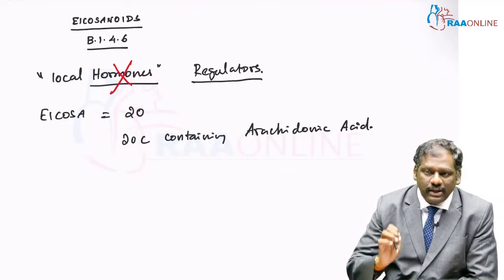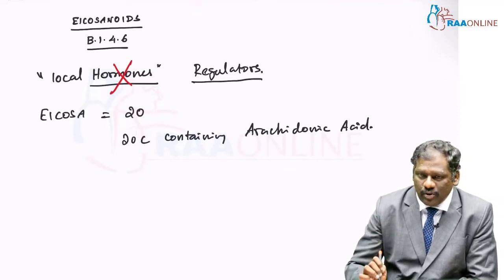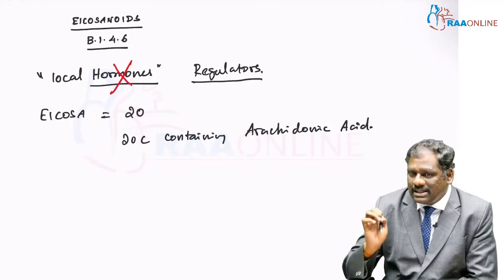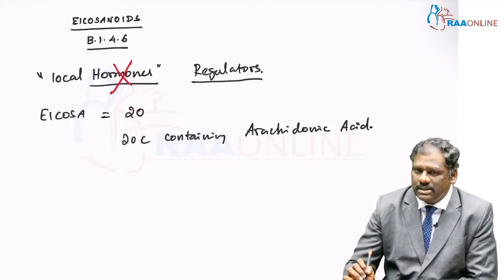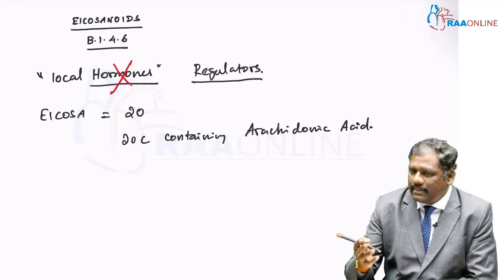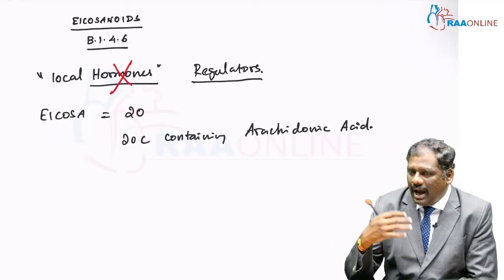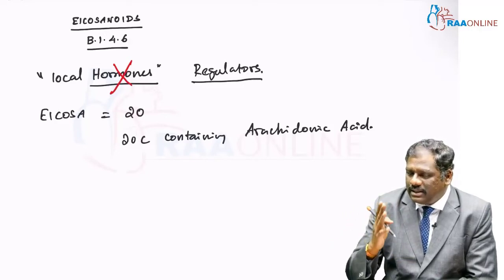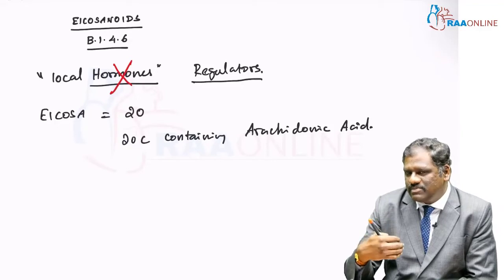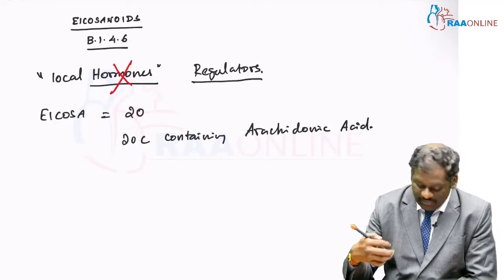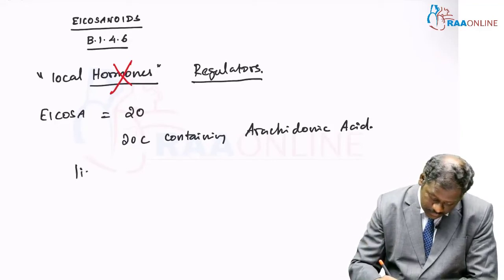So how do you get arachidonic acid in your body? Arachidonic acid is a semi-essential acid, meaning it can be consumed through food. At the same time, it can be synthesized partly by your body itself from linoleic acid.